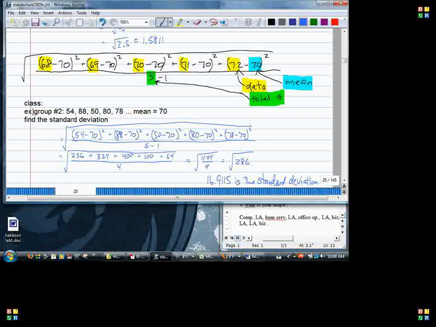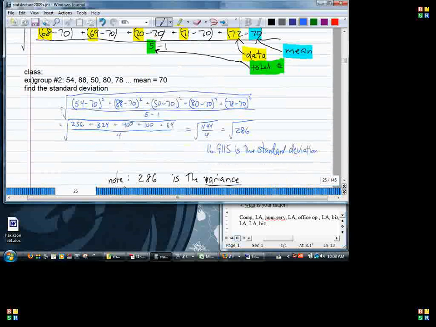First of all, in the course of this calculation, notice that in the second to last step we said the square root of 286, and that gave us 16.9115. The number 286 is called the variance. It's important for, I guess, more advanced statistics.